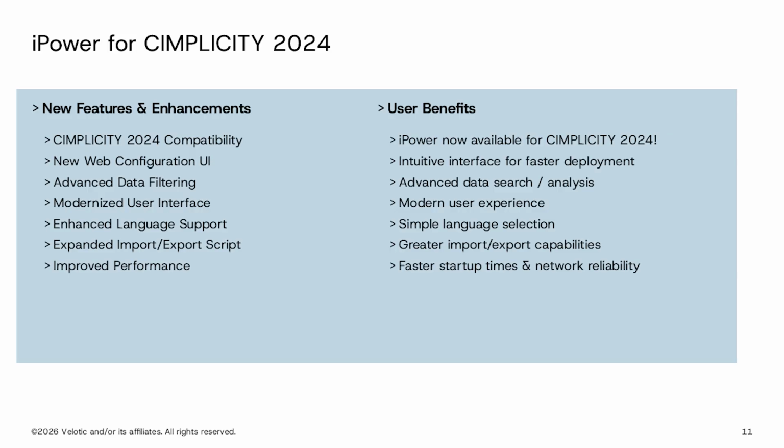So up till this release, you could only use iPower with Simplicity 2023 and before. That has now been updated and is available in our new ordering tool for Simplicity 2024.